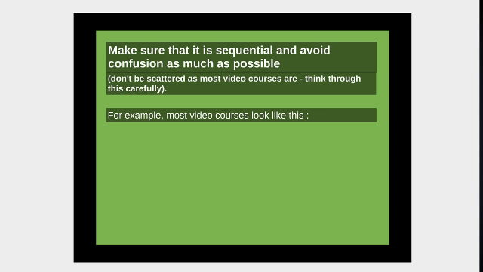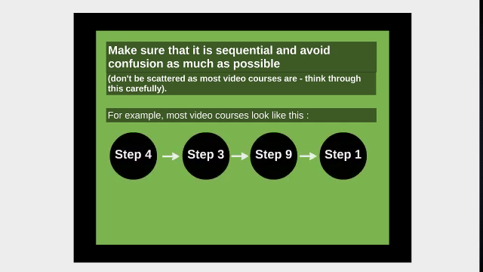So let me give you an example of what courses should not look like, because most of these look like this. Typically what they look like is step 4, step 3, step 9, step 1. It's just scatterbrained. There's no sequence, no cumulative. Like if you notice when you go to school, generally speaking, before they teach you how to do algebra, they teach you specific formulas that you need before you can actually get the end result.